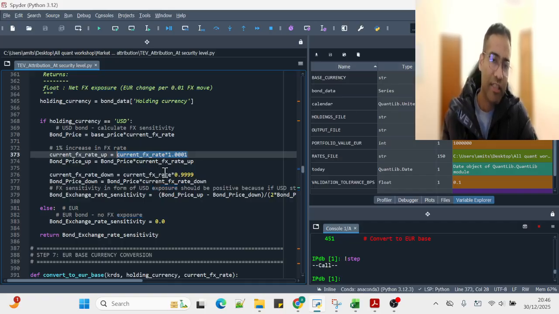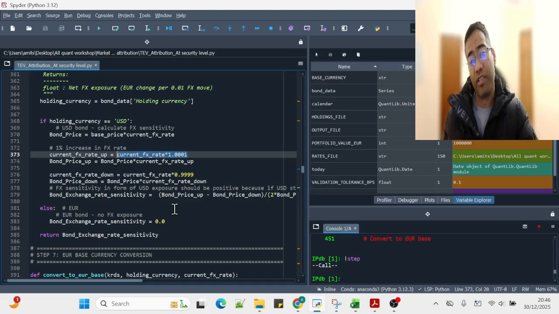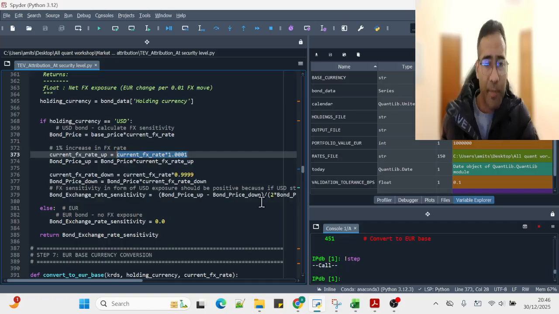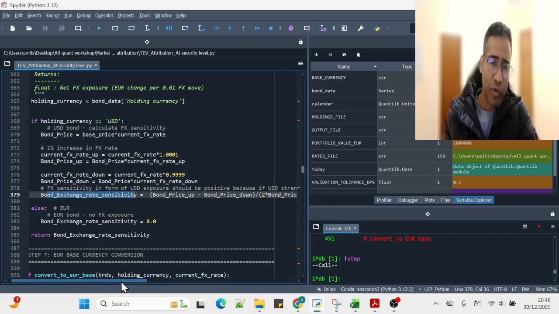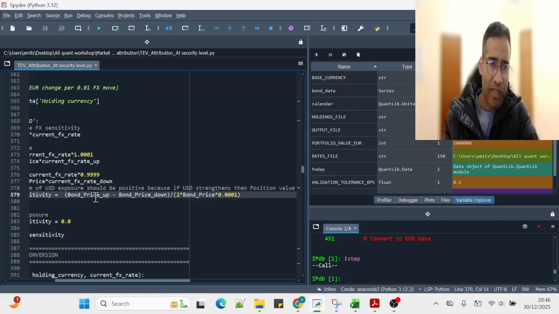You just multiply the bond price which you got in the previous step by the FX rate. You bump the USD position size by 1 basis point, and then you decrease that USD position by its 1 basis point percentage. Just like you calculated KRD, this is a duplicate of the KRD calculation: bond price up, bond price down.